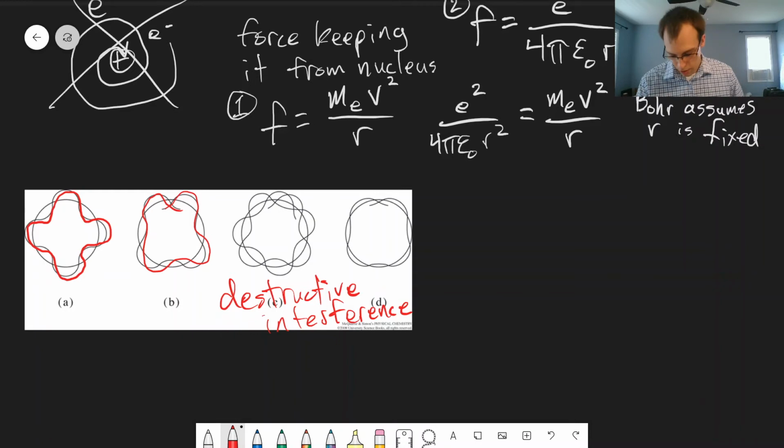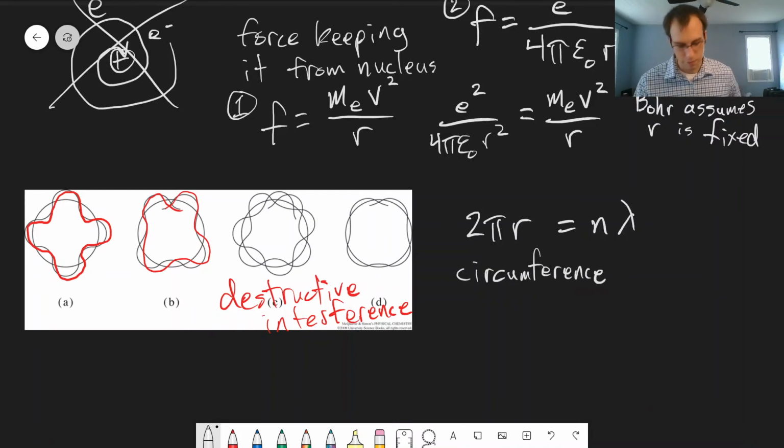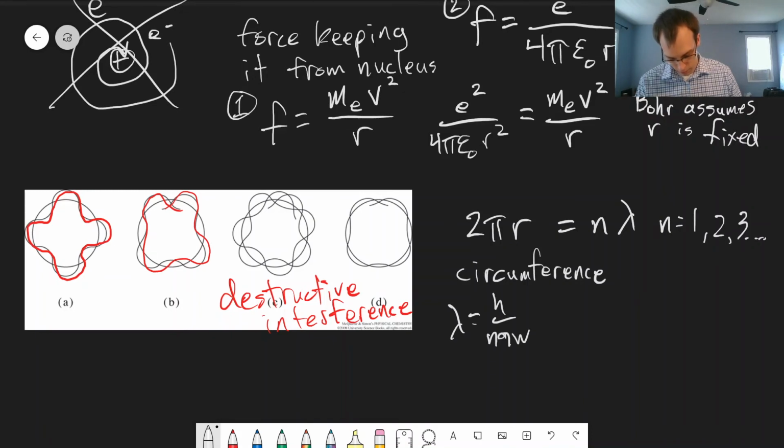So in equation form, the circumference of this orbit, 2 pi r, is equal to some integer number of wavelengths, n times lambda, where n is equal to 1, 2, 3, and so on. We can then use the de Broglie wavelength formula from our last video, lambda equals h over mv.